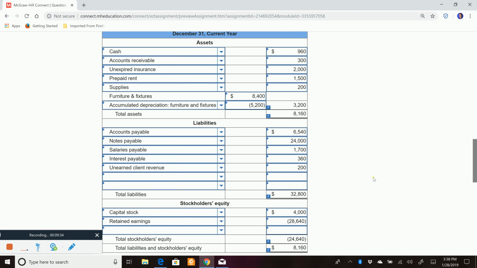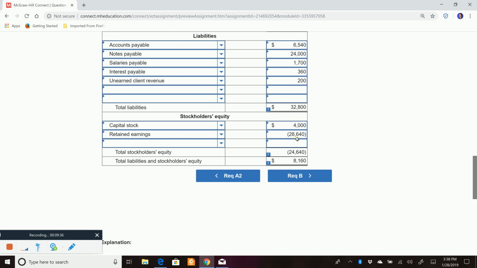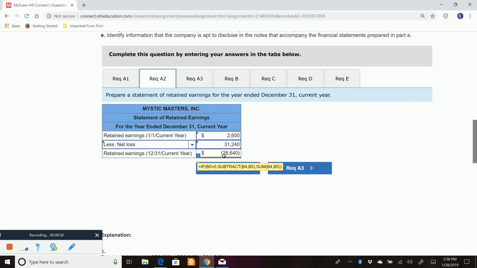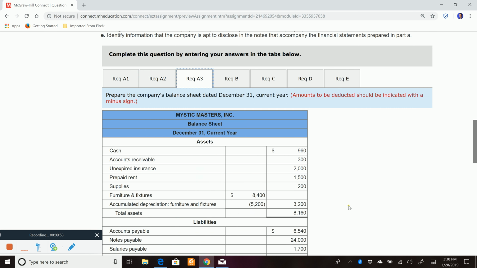And when we do that, we get a negative number. It's got a debit balance. Normally, it should have a credit balance. But because it has a debit balance, it's going to be in brackets. Negative $28,640. Do you guys remember this number? That was from the previous retained earnings statement. There it is, negative $28,640.